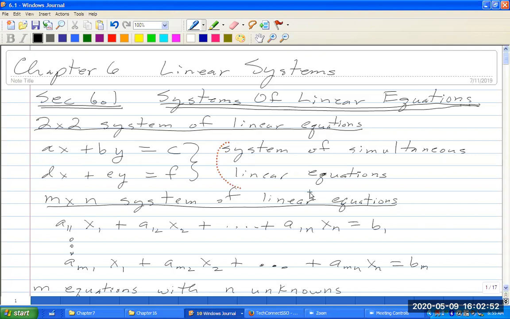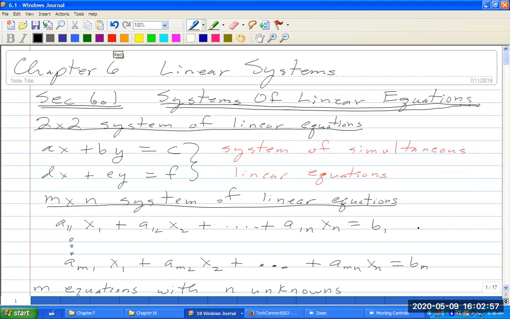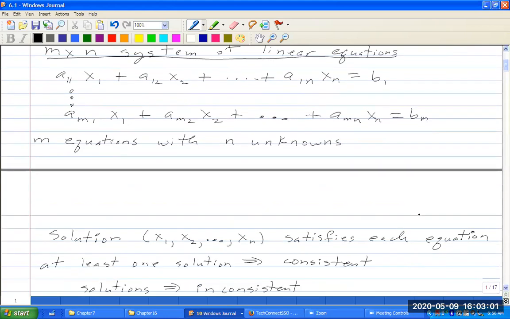Let's look at m by n systems of linear equations. Suppose I have a11 x1 plus a12 x2 plus a13 x3 plus dot dot dot a1n xn equals b1.